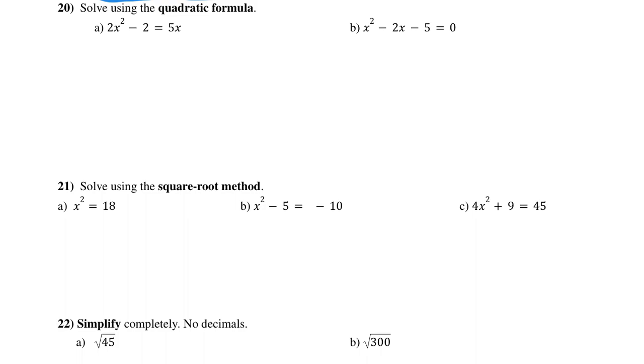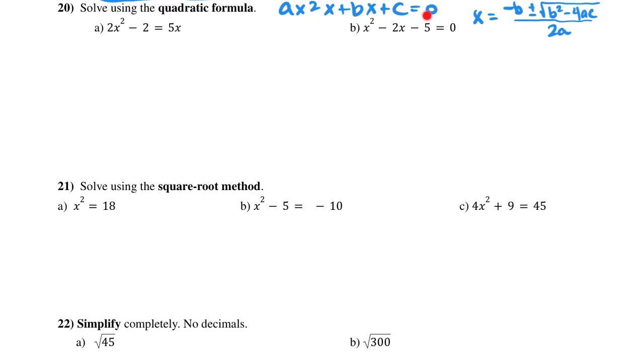Another way we can solve quadratic equations is by using the quadratic formula. And just like factoring, we do need our equation to be ax squared plus bx plus c equals 0. We have to have it set equal to 0 in order to solve it.